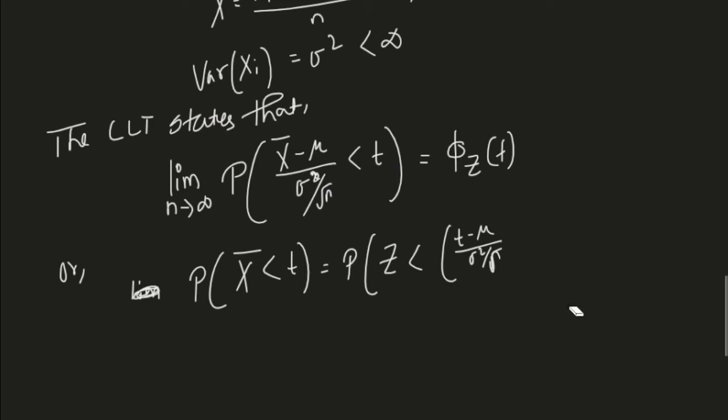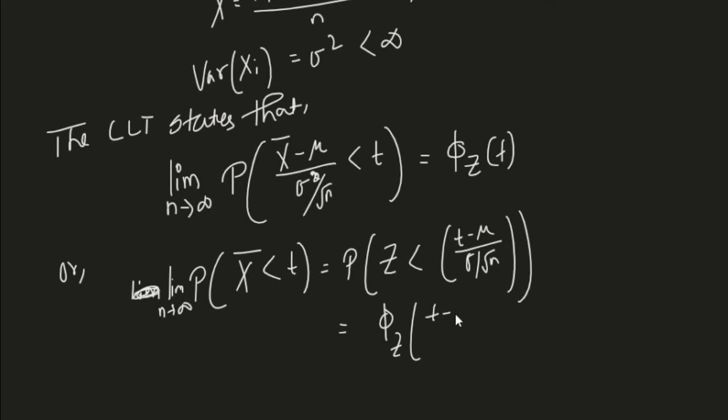So let me correct this part: sigma by root n. And this only happens when n tends to infinity. So it basically becomes phi of (t minus mu) by (sigma by root n). So this is how the CLT works.